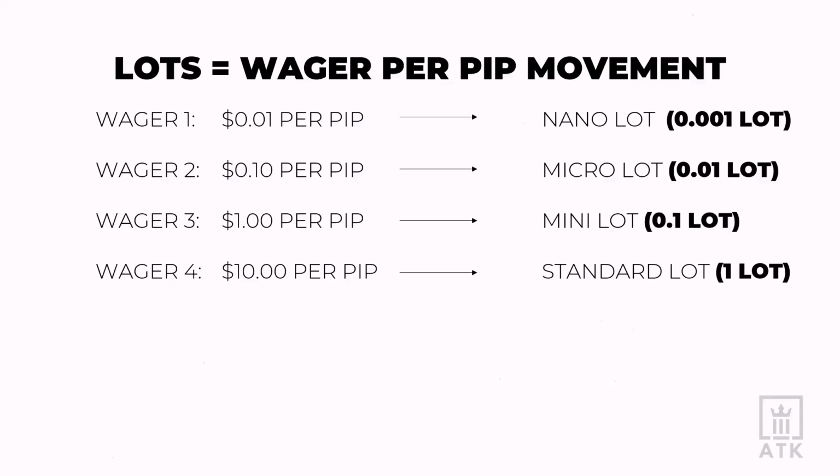That would be 8 micro lots and 7 nano lots. 87 cents. 8 micros, 7 nanos. So it would be stated on a lot as 0.087 lots.